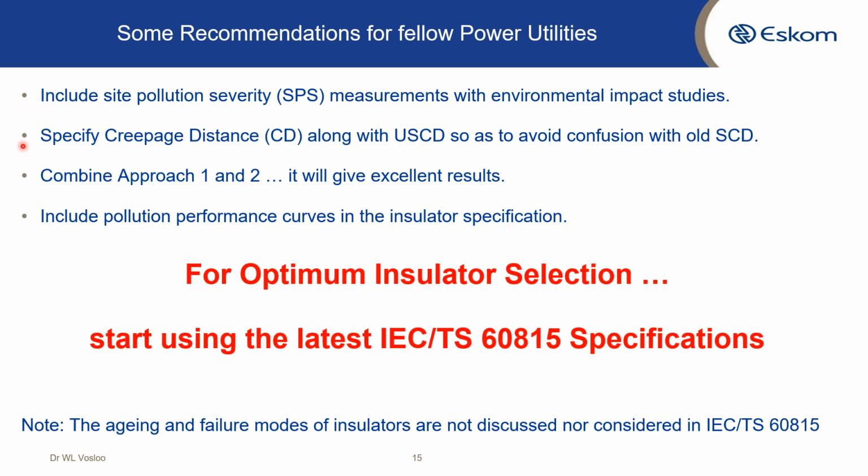Then, folks, specifying creepage distance. I think really today, with the new 60815 and the introduction of unified specific creepage distance, so as to avoid confusion with the old specific creepage distance, specify your creepage distance in millimeters or in inches. Make certain that you give a physical value which is definitely not going to confuse things, because the specific creepage distance does not change in the unified specific creepage distance or specific creepage distance.